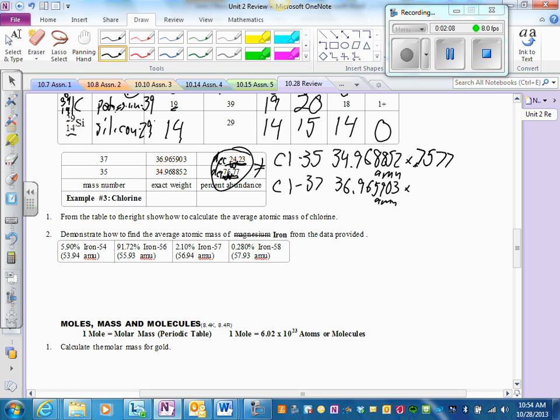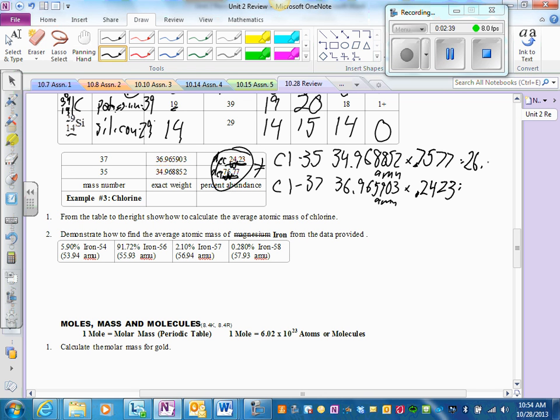For chlorine 37, we have a percent abundance of 24.23%, and when that percentage was turned into a decimal, we made it 0.2423. So when you multiply those together, you end up getting what I call a molar share of how much you have. The amount in a given 1 mole that would be made up of this particular isotope.